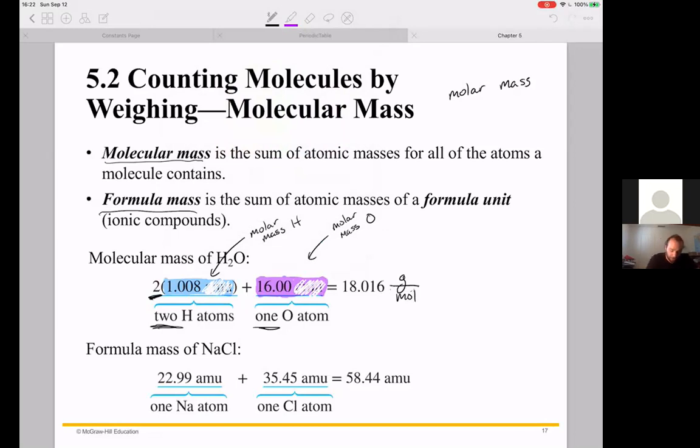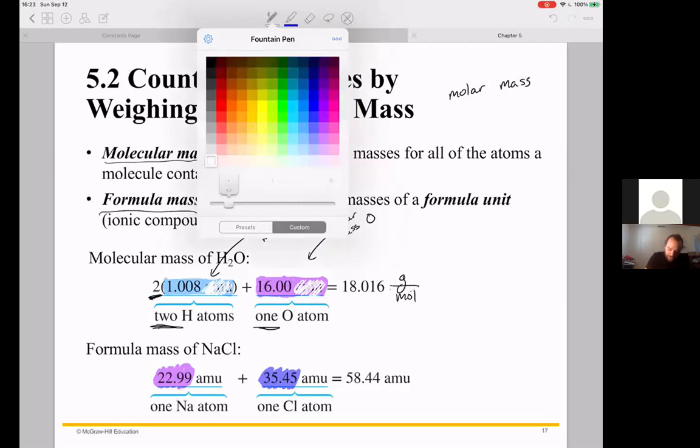All right. And we can do the same thing with the ionic compound. Again, you're just going to pull the molar mass of, in this case, sodium from the periodic table. You're going to pull the molar mass of chlorine from the periodic table. And in this case, it's 1 sodium to 1 chlorine, so I don't have to multiply anything by 2 or anything like that. I'm just going to add them up together. And that gives me this quantity here.